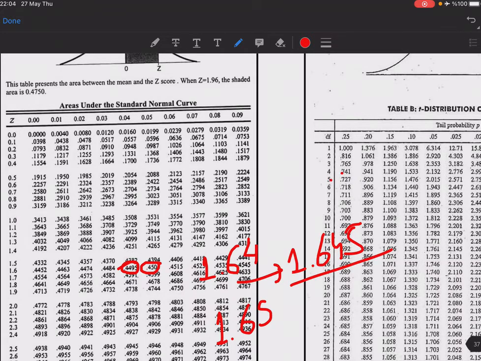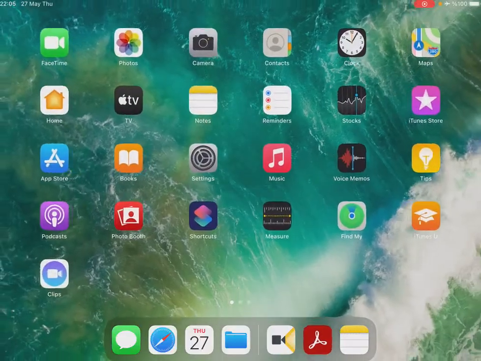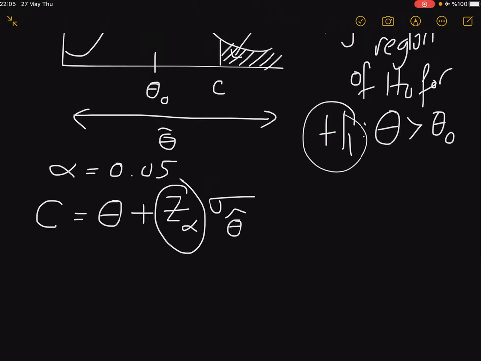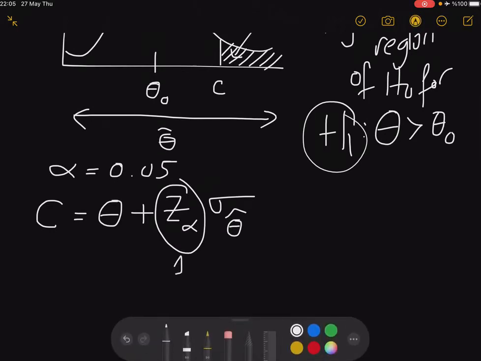All right, so that's why I told you to never memorize those values, because it can depend on what you're dealing with here.